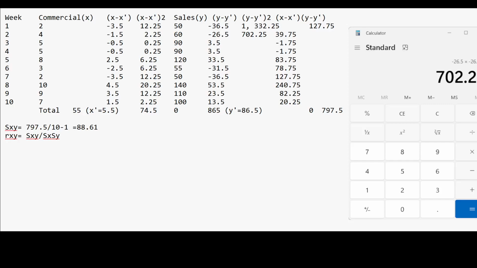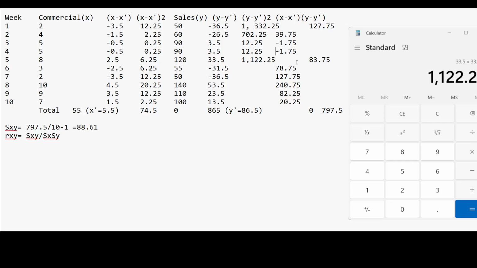3.5 times 3.5 equals 12.25. So here also that's 12.25. Then 33.5 times 33.5 equals 1122.25.